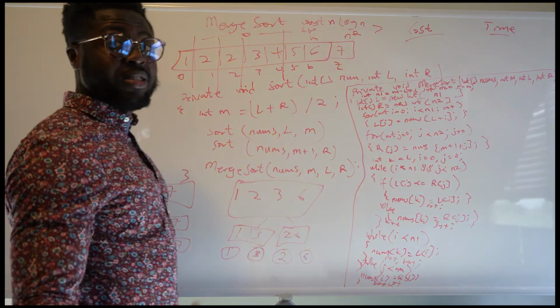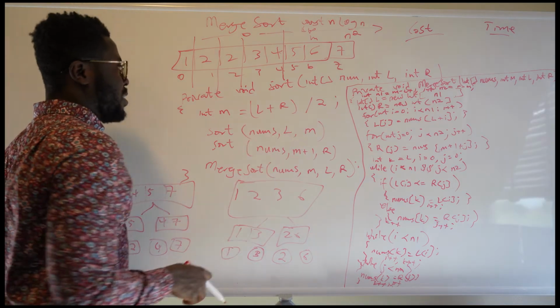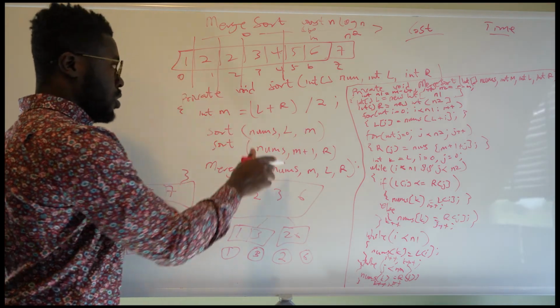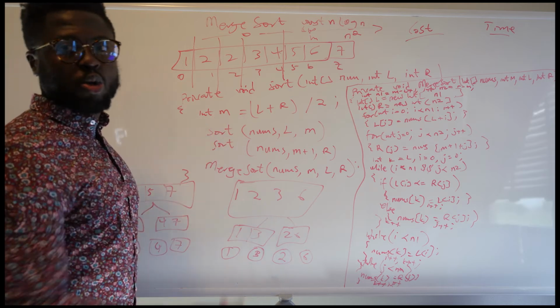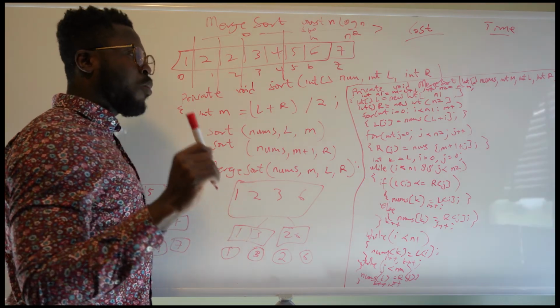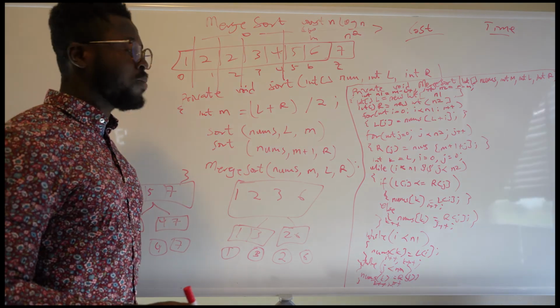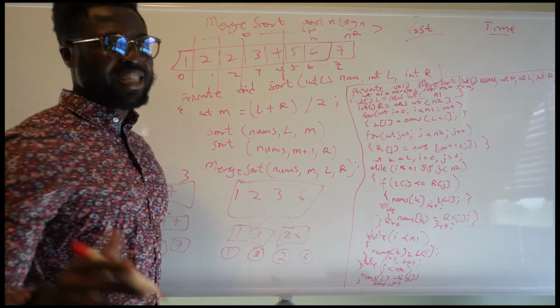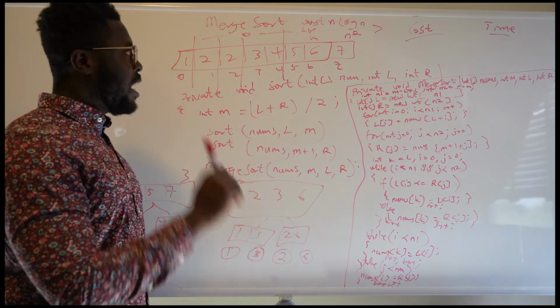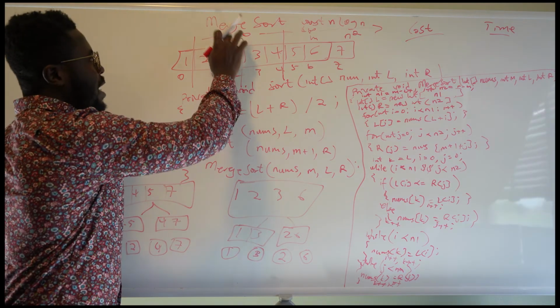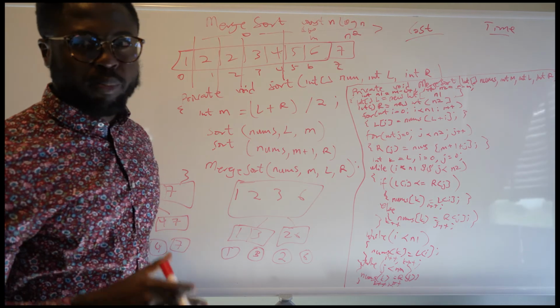I'll make a separate video to write a mathematical proof for this merge sort. But by comparing the time complexity, which is the asymptotic notation of merge sort and insertion sort, it is clear that merge sort has the best time complexity.